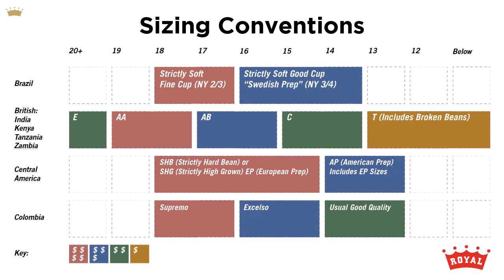You also see some terminology like strictly hard bean and strictly high grown. These mean two slightly different things. Strictly hard bean tends to refer to density, and strictly high grown refers to the elevation, but also is an indicator of density. And the idea here is that it's the very highest quality. You can also get these designations without the strictly.